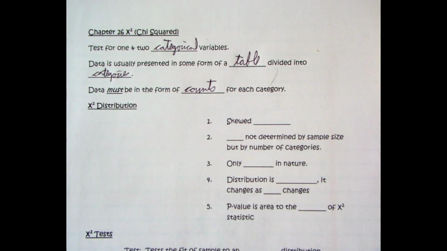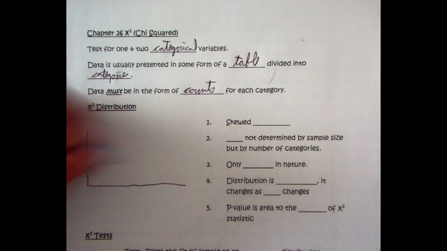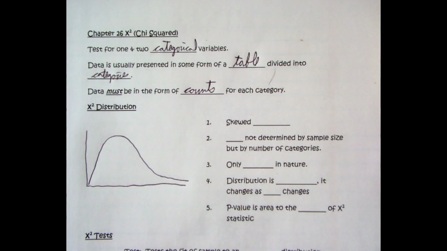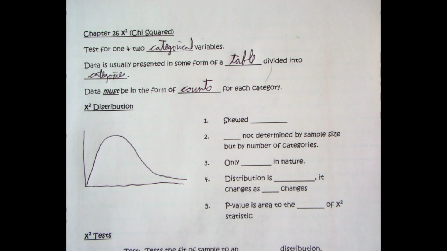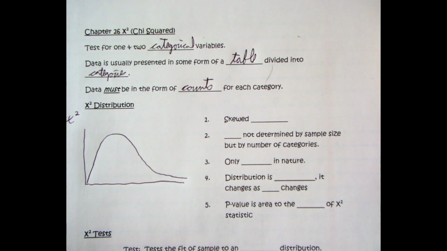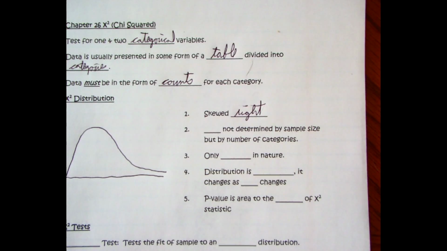Now, as I pointed out, the chi-square distribution is skewed right, depending on the degrees of freedom. And it looks like that. And we know it's skewed right, it's not symmetric.